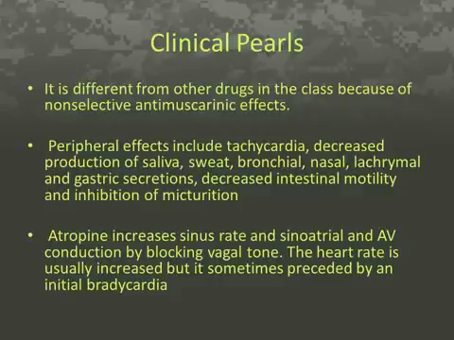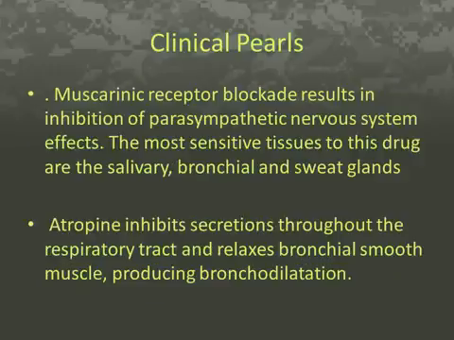Atropine increases the sinus rate and sinoatrial and AV node conduction by blocking vagal tone. The heart rate is usually increased, but it is sometimes preceded by initial bradycardia, especially in small doses of atropine.